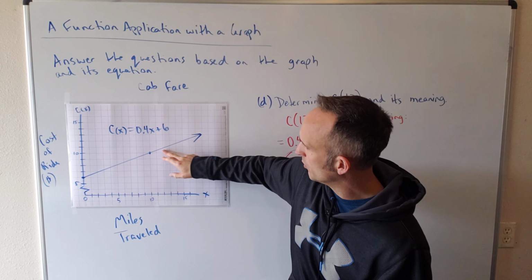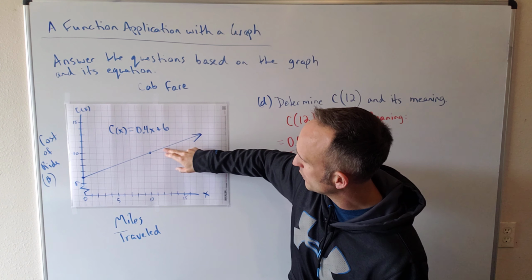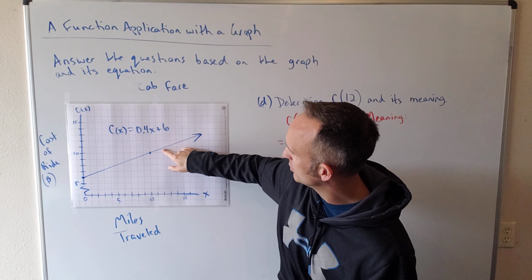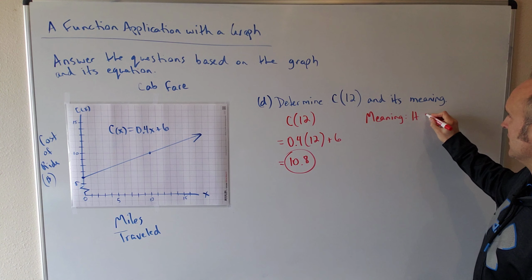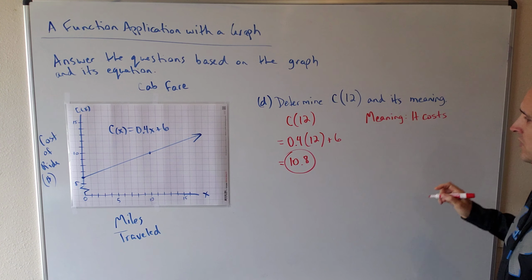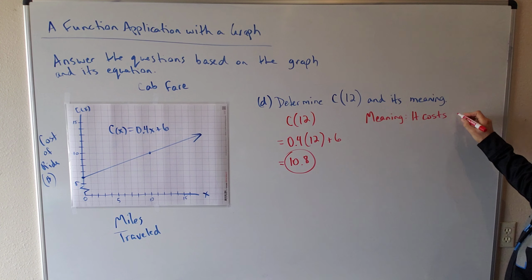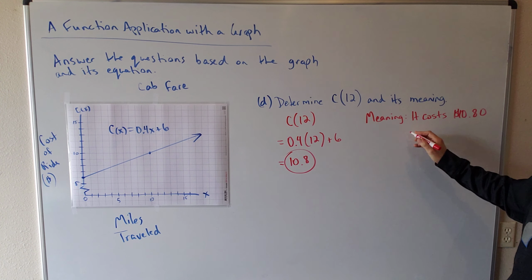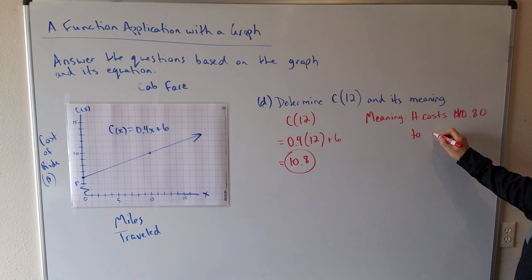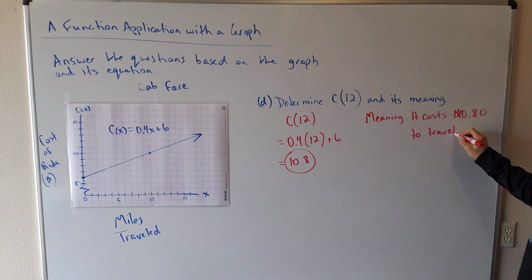The y value here is between 10 and 11 and closer to 11. So the meaning then is, we don't say $10.8, we say $10.80. It costs $10.80 to travel 12 miles.